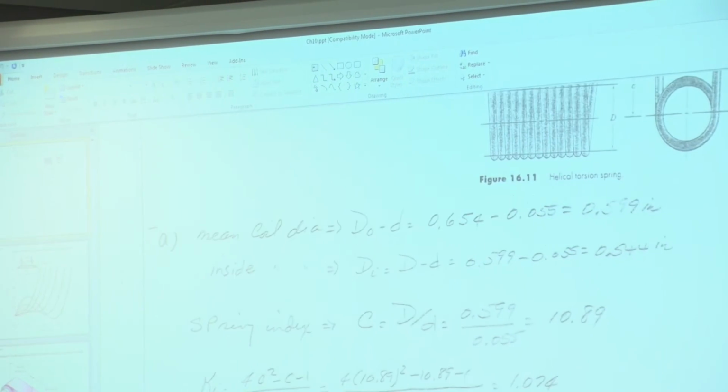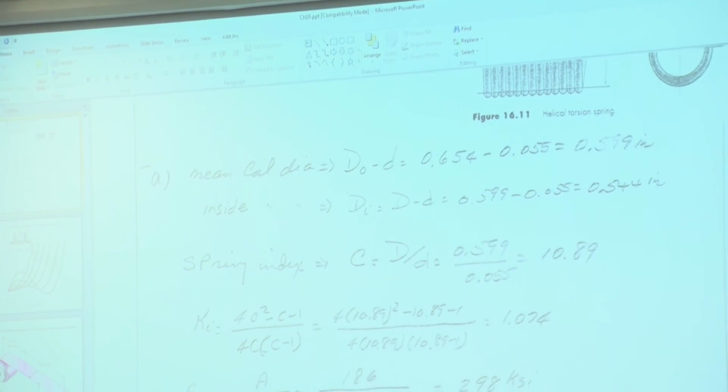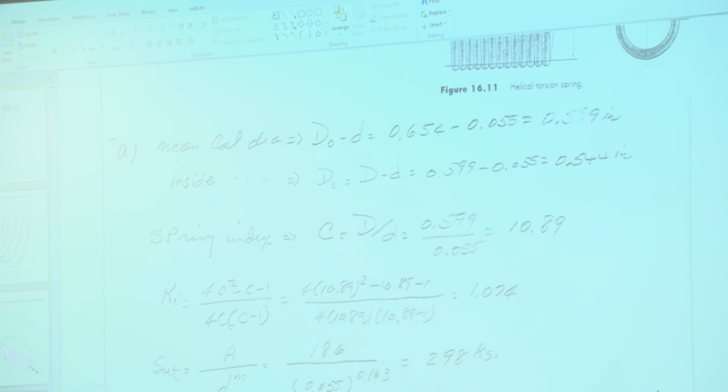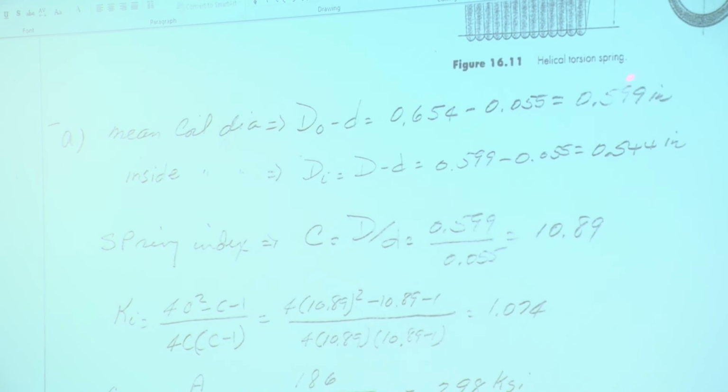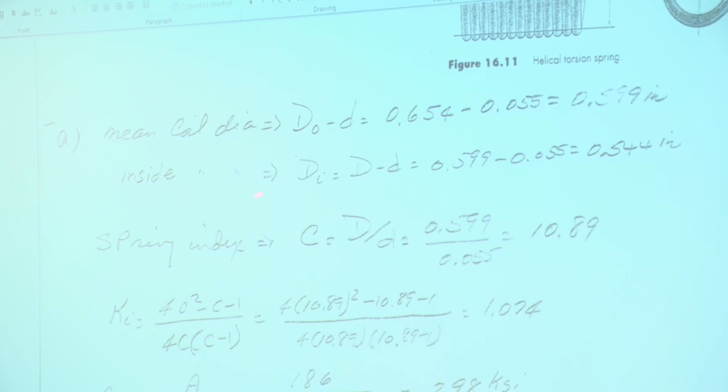So mean coil diameter, as before, is equal to the outer diameter minus 1 wire diameter, or 0.599. Inside diameter is equal to mean coil diameter minus another wire diameter, 0.544. C over D is 10.89.